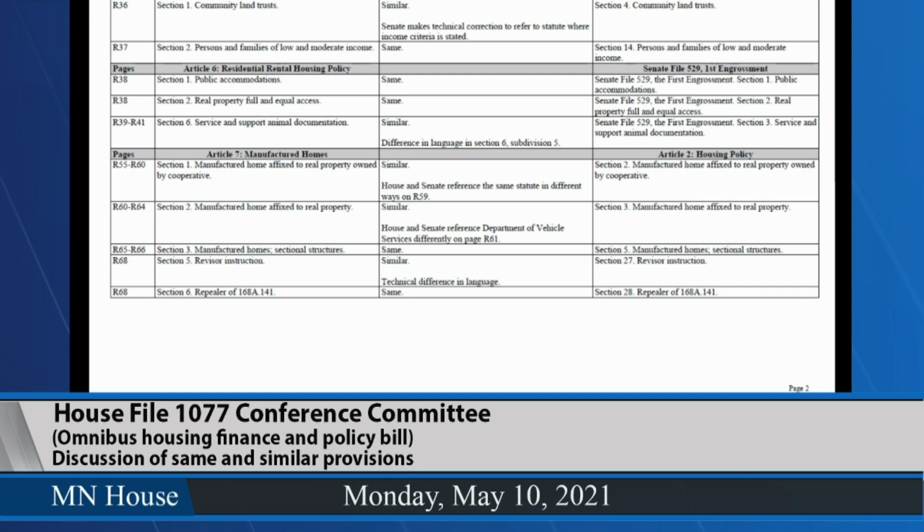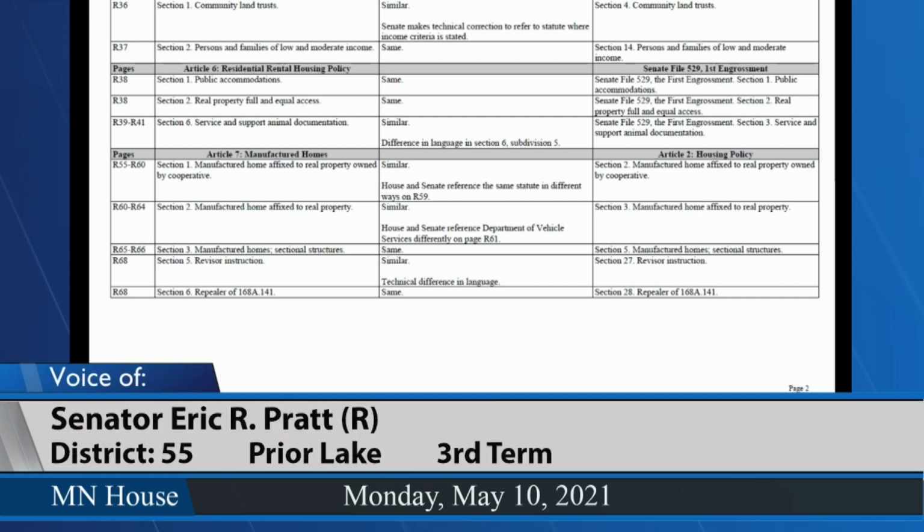So in other words, we're still not ready to act on that yet? Madam Chair, I mean, Senator Pratt, it's a small little thing, but should that be an A or a B as we adopt that section? Because that seems to be the main difference between the two on line 59.1 and 38.25.